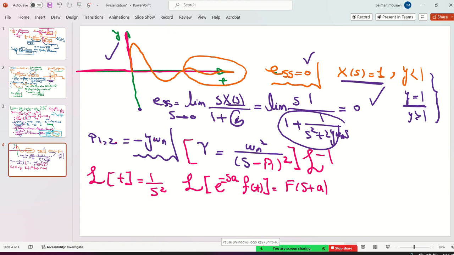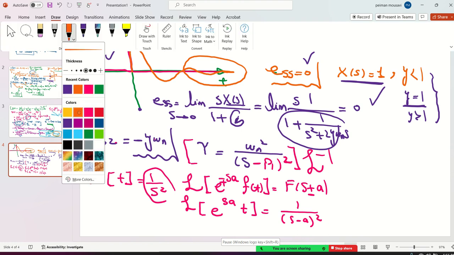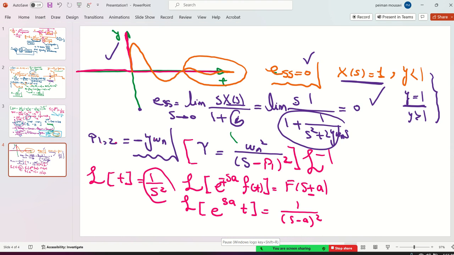And here, if this is plus, here it's going to be minus. So the Laplace of t e to the a t is 1 over (s minus a) squared. We got it, everyone? I taught you previously, you have your notes. So we see that exactly here.